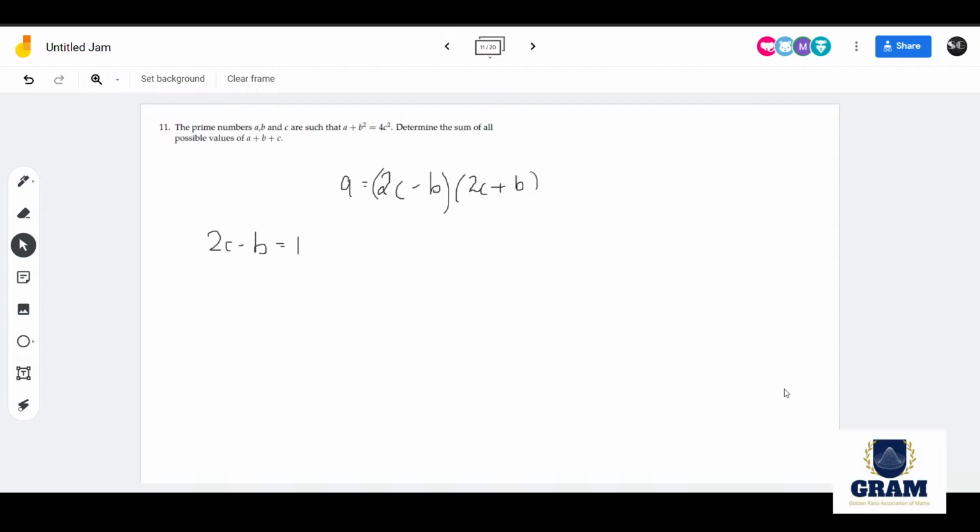Yeah, 2c plus b can be 3, 5, 7, 11, 13, 17, 19, and you could go right till 19, because then it would be easy to observe things.